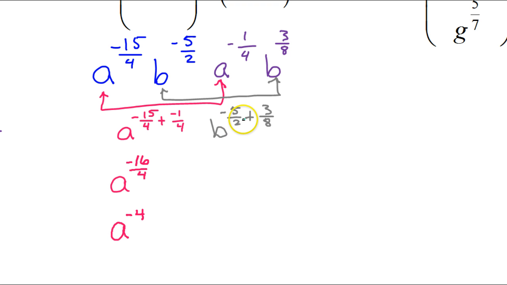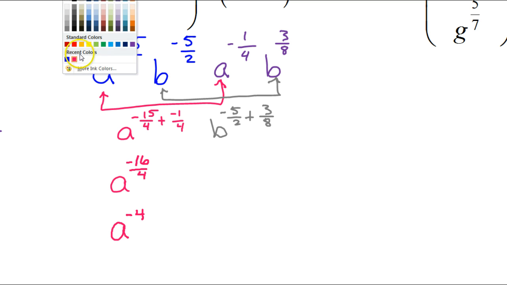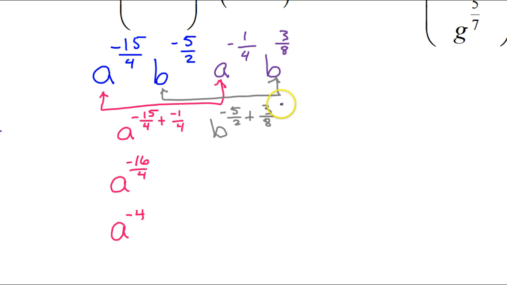Now, when I go to add these guys, I need to have like denominators. I better do this off to the side. So what is happening is I have negative 5 over 2 plus 3 over 8. If I multiply these by 4, then that will give me a denominator of 8.